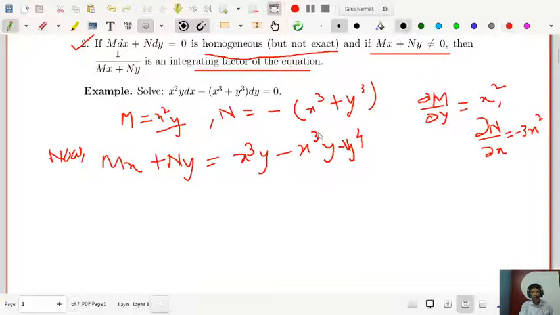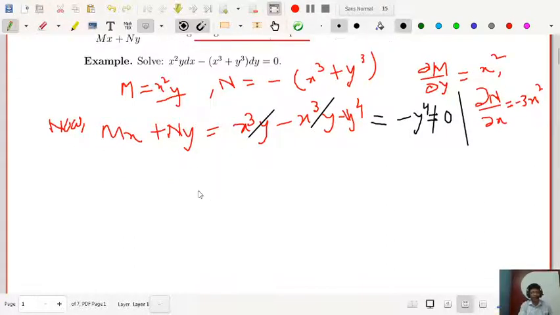So this gets cancelled, and you have minus y to the power 4, and that is not equal to 0, right? So 1 by Mx plus Ny is an integrating factor of this equation. So minus 1 by y to the power 4 is an integrating factor of the differential equation, right?